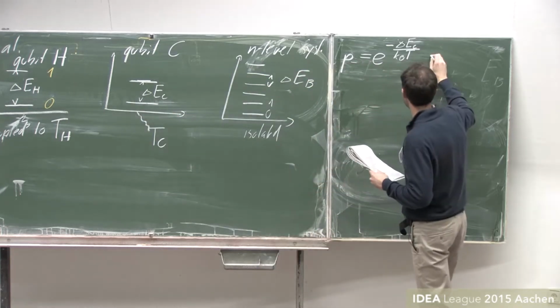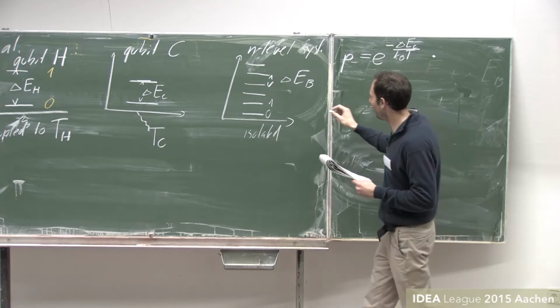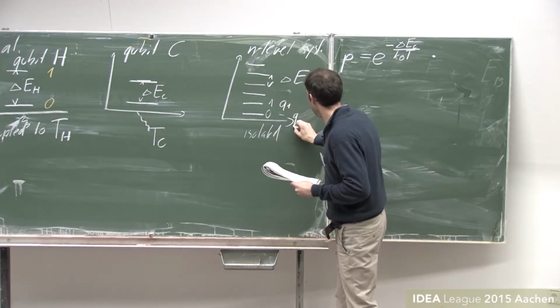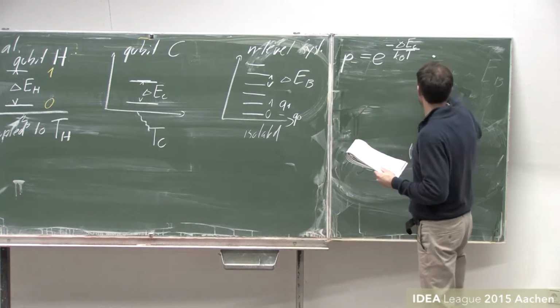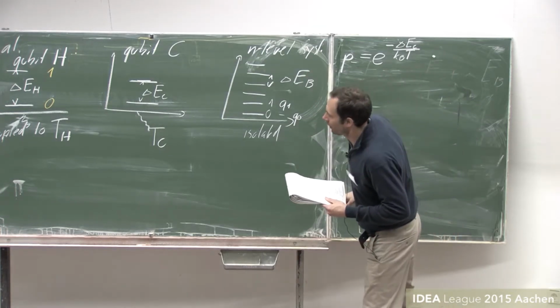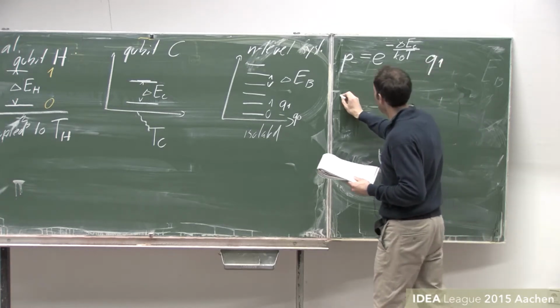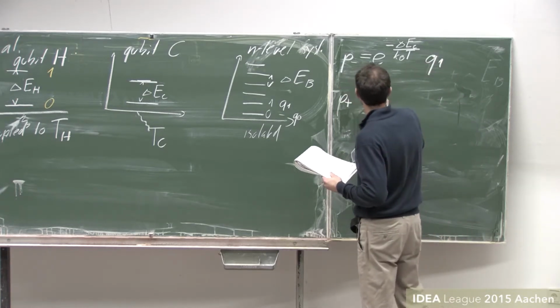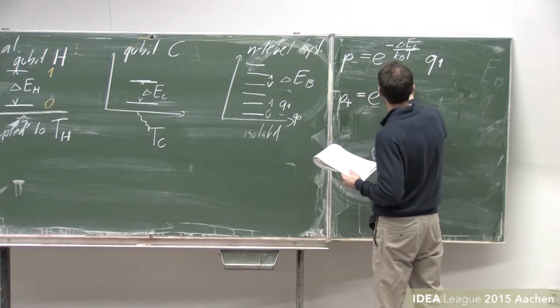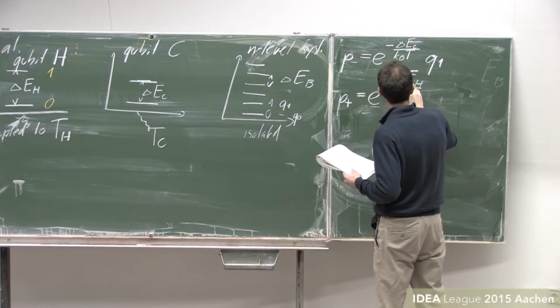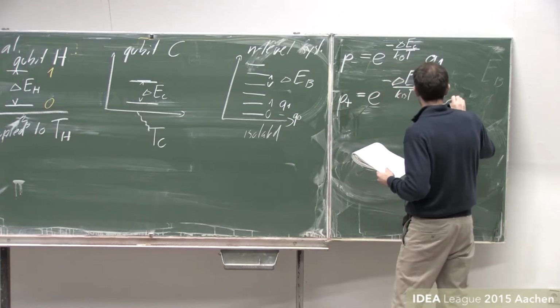So I can multiply with some probability, and here I don't know what the probability is. Let's call this Q1 and this one Q0. So I just multiply this with Q1. And then the probability of the other state is, of course, the opposite. It's e to the minus ΔE_hot divided by k_B T times Q0.